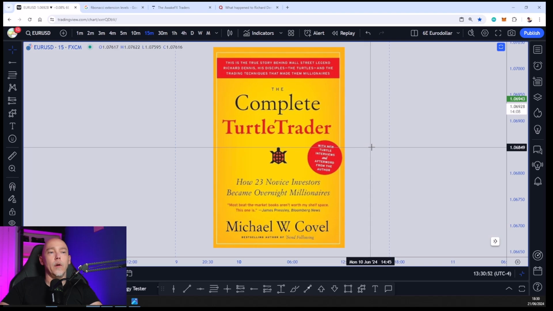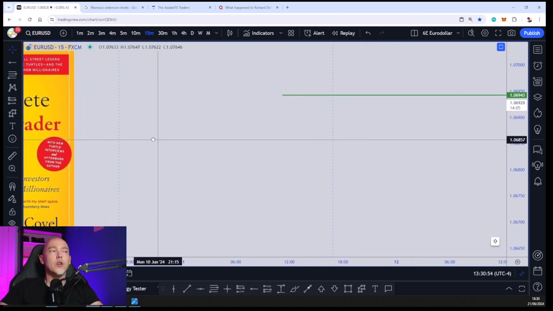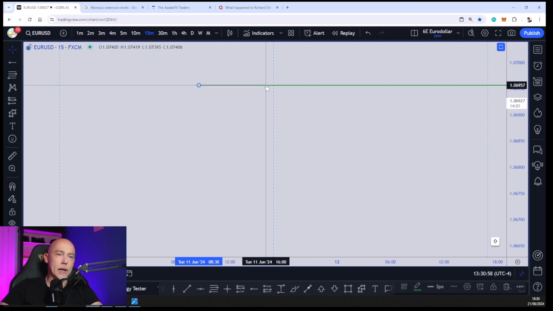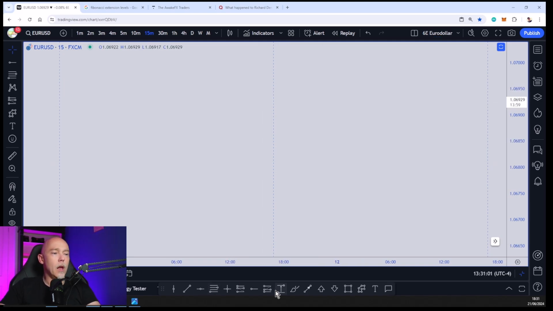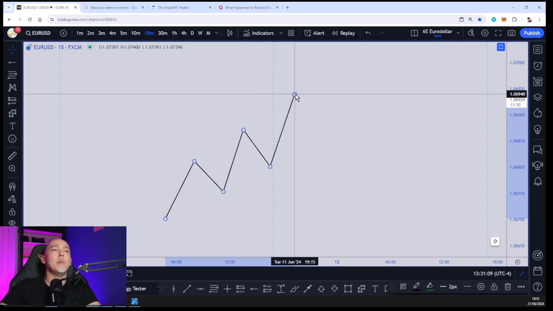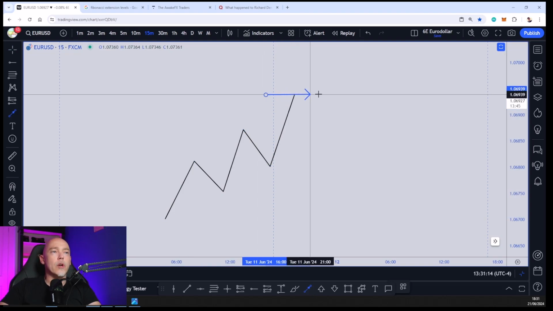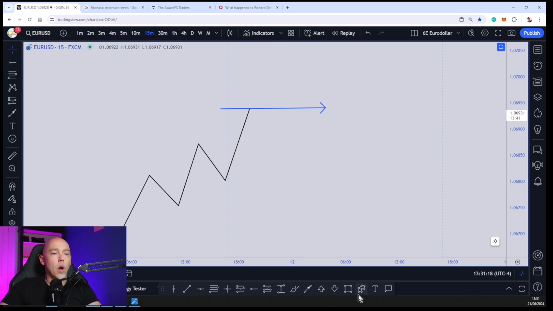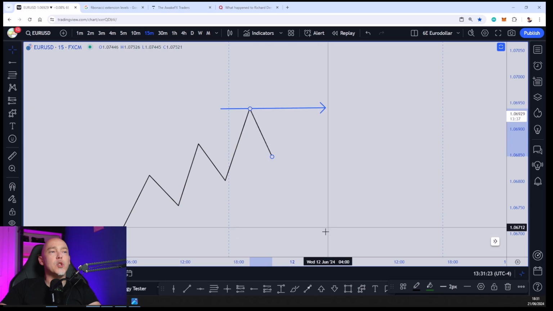But moving on, what is turtle soup? Turtle soup is a little bit of the opposite of the strategy that he used to do in that book. So for example, what Richard Dennis taught in the turtle trading strategy was that when price gets to a certain point, let's say a specific high point, let's say like here, in turtle trading, many traders would look for buy trades or to go long when price breaks a potential previous high or previous swing point.